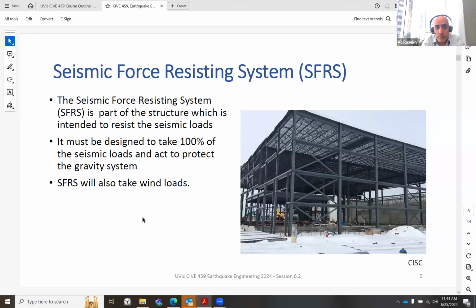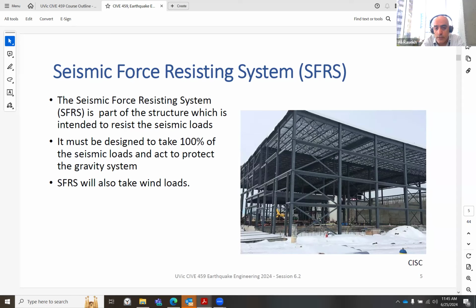Yeah, we keep on talking about seismic force resisting system, SFRS, which is the part of the structure intended to resist the seismic load. So load path was about how the loads get to foundation. SFRS is about how the earthquake load gets to the foundation. It must be designed to take 100% of the seismic load and act to protect the gravity system. So here you have the bracing, which naturally you think about bracing the structure.